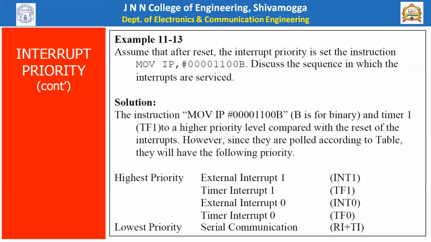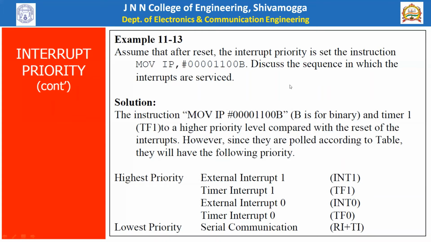So this is how this particular problem should be solved. When more than one interrupt is made high priority, interrupts will be served as per the original table.